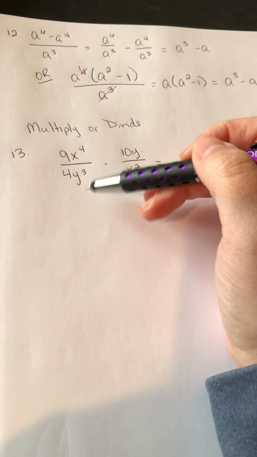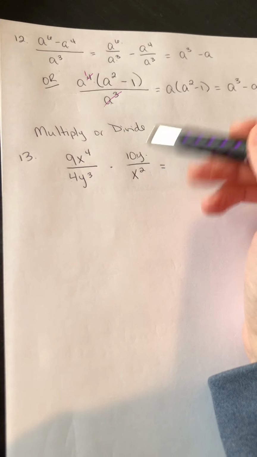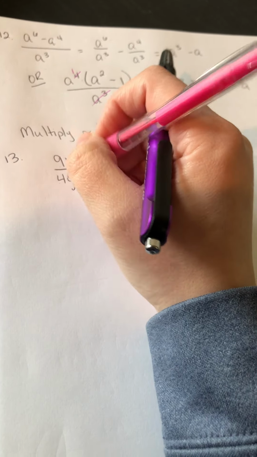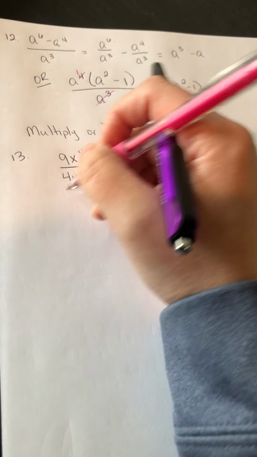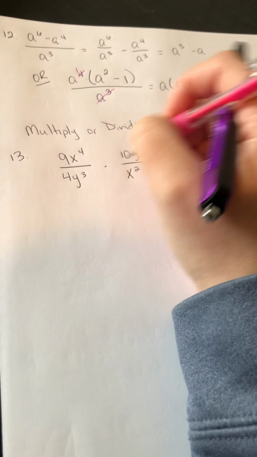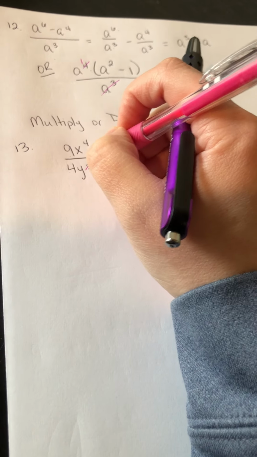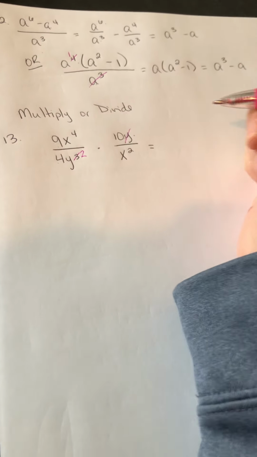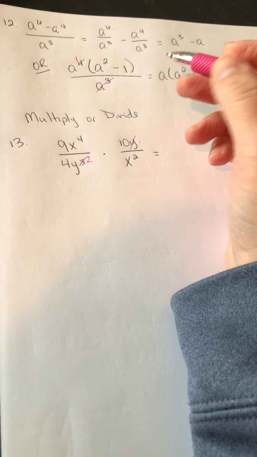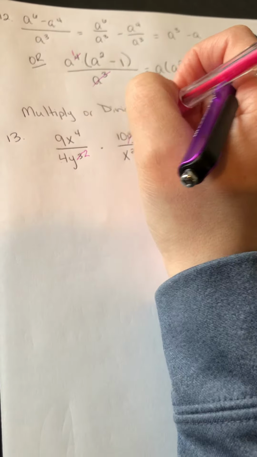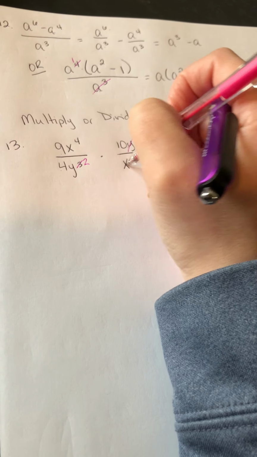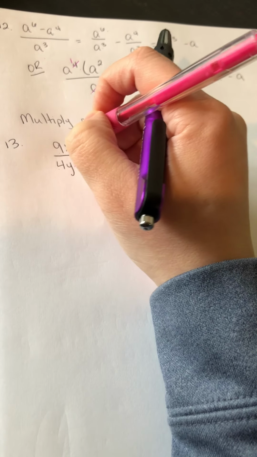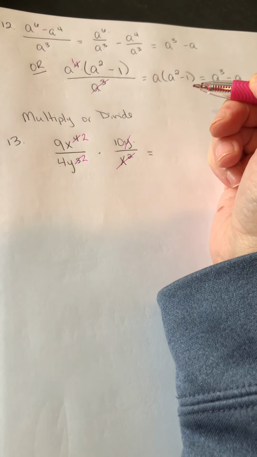I think it's easier to reduce before you multiply. So usually what I do is you can reduce straight up and down vertically or crossways, but you can't go horizontal, right? So we can do y and y cubed. 3 minus 1 is 2, so we'd have a y squared in the denominator. I can also reduce, I've got an x to the fourth and an x squared, so 4 minus 2 is 2.